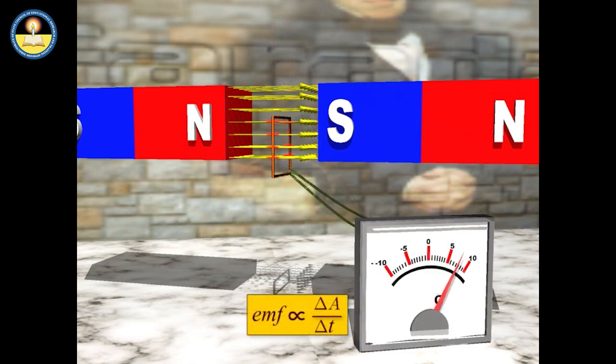Faraday also showed that more rapid movement of the coil gives more deflection in the galvanometer. This activity shows that the magnitude of the induced electromotive force depends upon the rate of swept area or rate of relative motion.